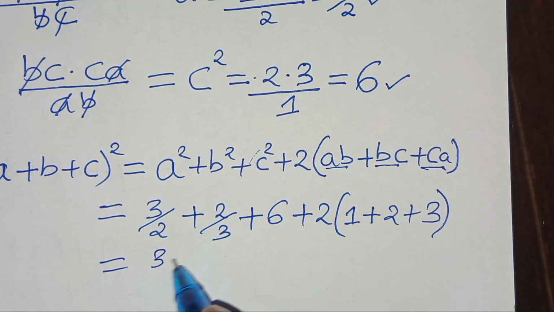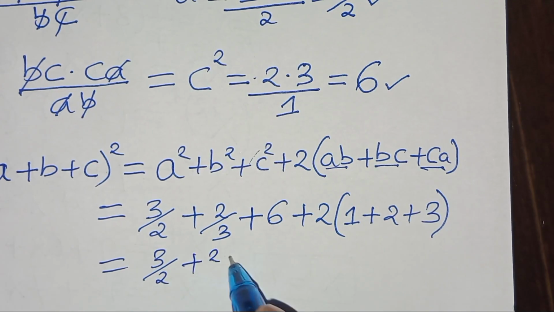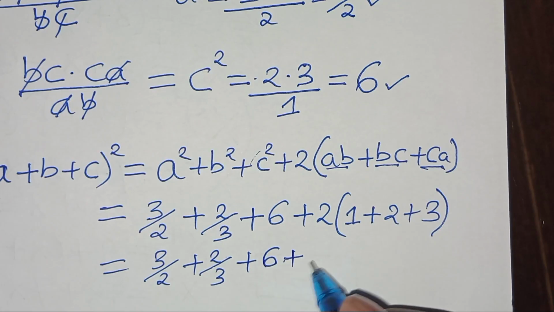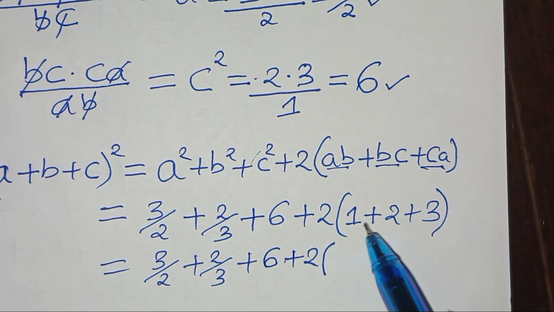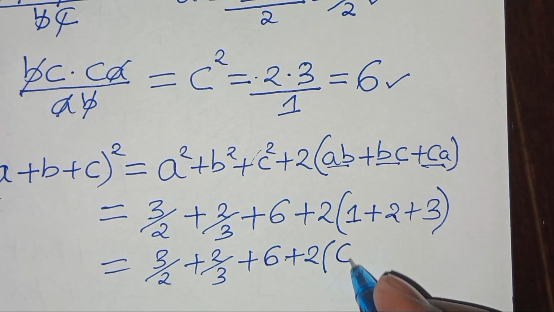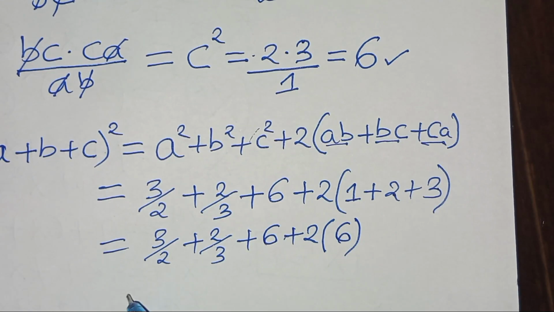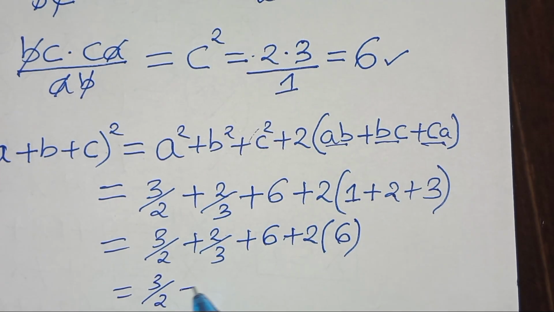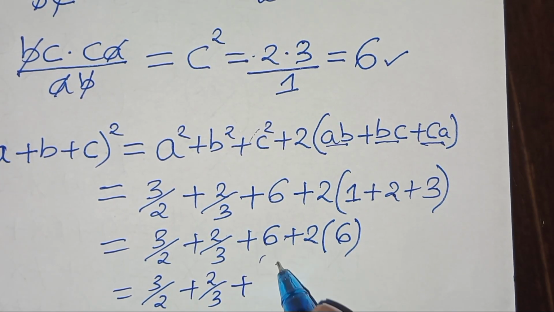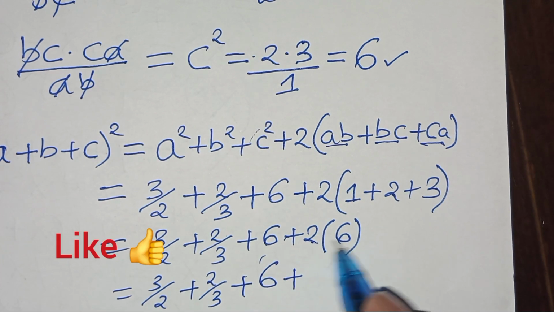This is 3 over 2 plus 2 over 3 plus 6, then plus 2 times, let's add everything in the bracket here. This is 1 plus 2, this is 3, 3 plus 3, this is 6. So here we'll have 3 over 2 plus 2 over 3 plus 6 plus 2 times 6, this is 12.